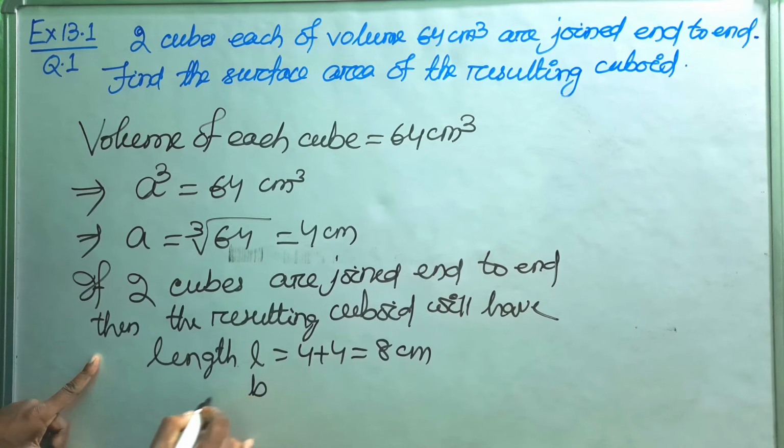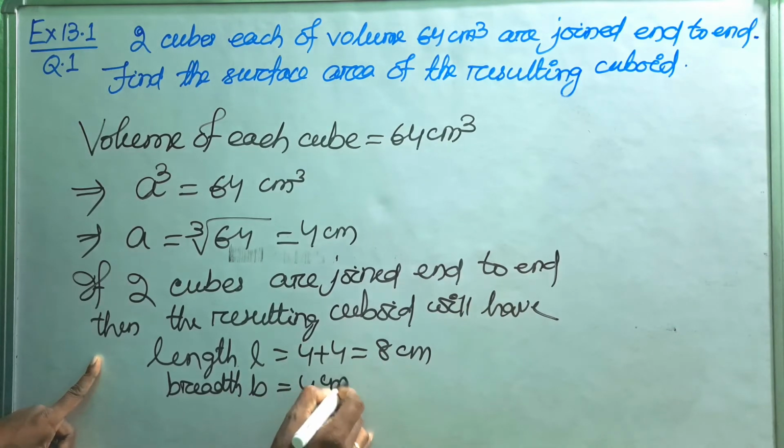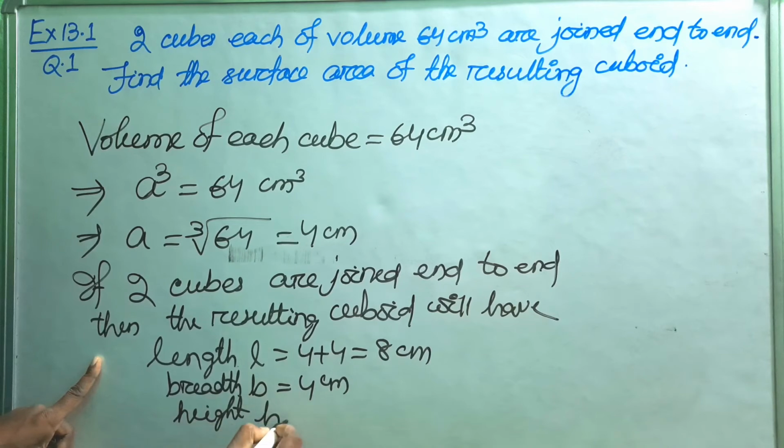Then breadth B is equal to 4 centimeter. Height H is equal to 4 centimeter.